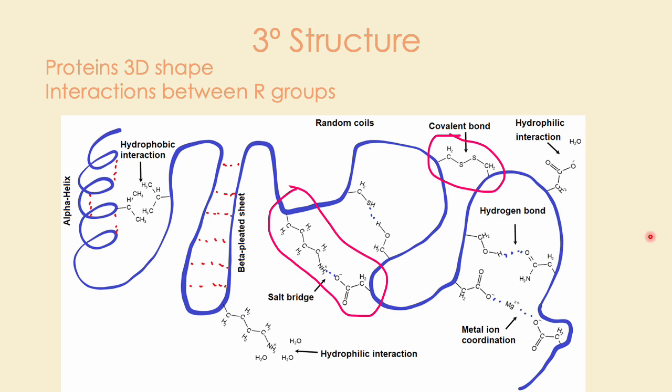This is tertiary structure. This is the protein's 3D shape and will be determined by interactions between the R groups. Hydrophobic amino acids like to stay inside the proteins, as we discussed, while hydrophilic residues are found on the surface. There are some important bonds to note, such as salt bridges, which are going to be formed between charged amino acids. So these are ionic connections. As you can see, you have a negatively charged and a positively charged amino acid coming together.